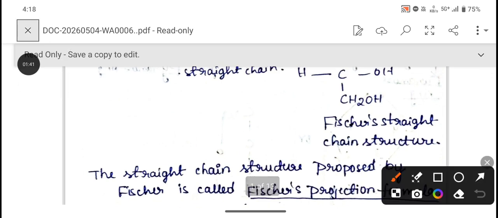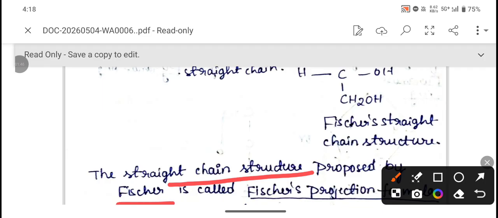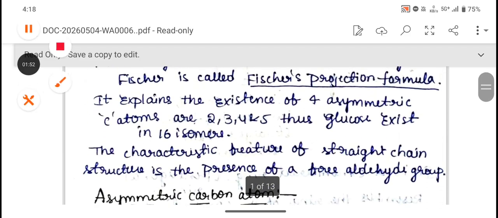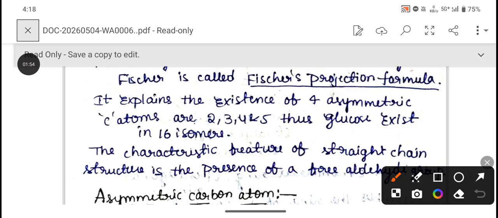The straight chain structure proposed by Fisher is known as Fisher's projection formula. It explains the existence of 4 asymmetric carbon atoms at positions 2, 3, 4 and 5. That's why glucose exists in 16 isomers.